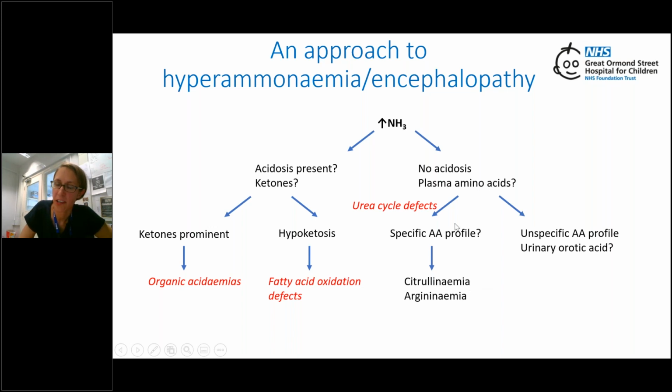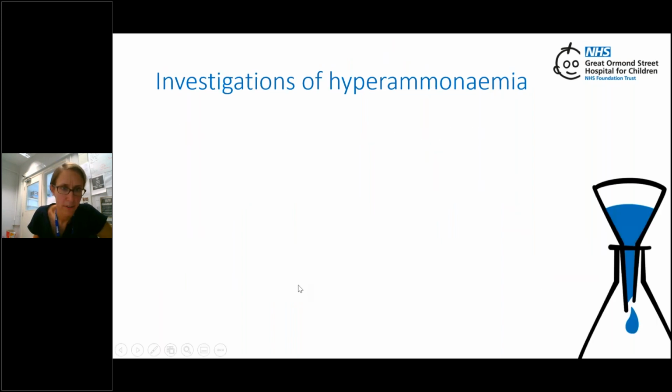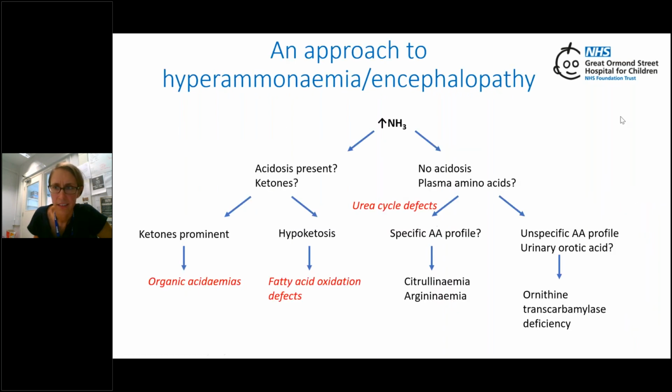In another condition you often don't see any specific changes on the amino acid profile, but you have a high peak of urinary orotic acid in the urine organic acids. You see this typically in an OTC deficiency, ornithine transcarbamylase deficiency.